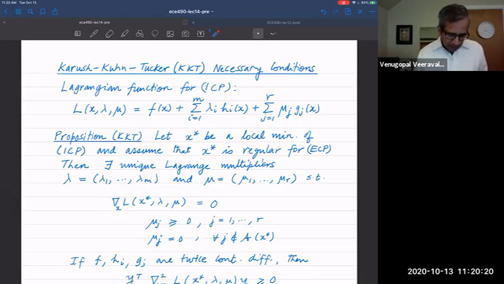And by the way, who are these people? Kuhn and Tucker were, one of them was a Canadian mathematician, and the other was an economist. I think Kuhn was an economist, and Tucker was a mathematician. They wrote this paper in which they proved this result for inequality constraints.